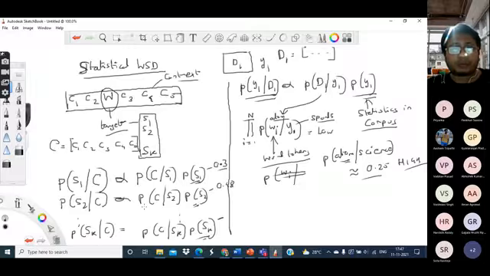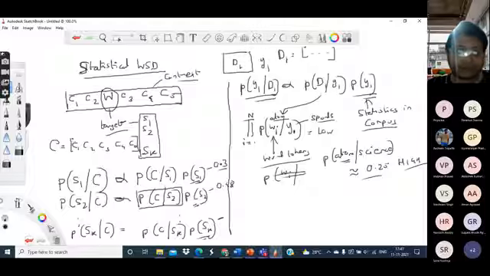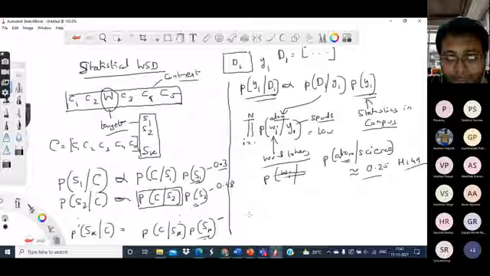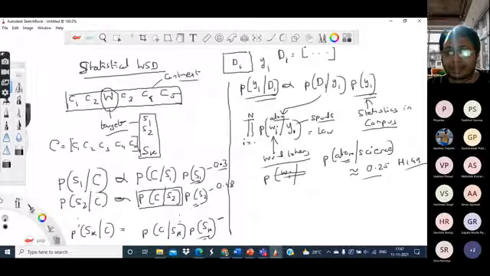The question is, what about these other terms? How to calculate these? What is this C? C, as I have already said, is the context, which is the collection of all the context words. Just like I had made this kind of assumption before, that given the label, all the word tokens in the document are independent of each other, so I could write it in this way.